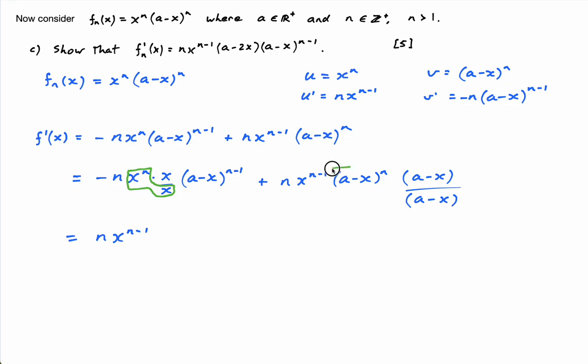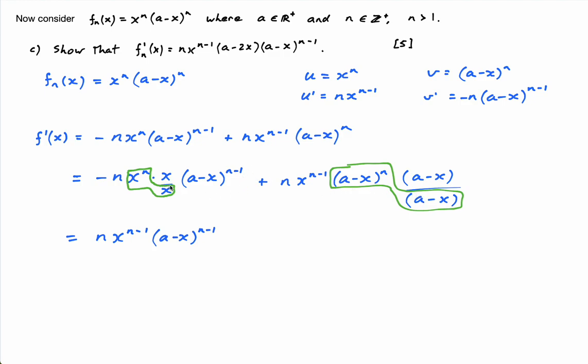And this part is my a minus x to the n minus 1. So it's x to the n minus 1, and I'm taking out this one, which is my a minus x to the power of n minus 1. That's this. I'm taking out that green bit.